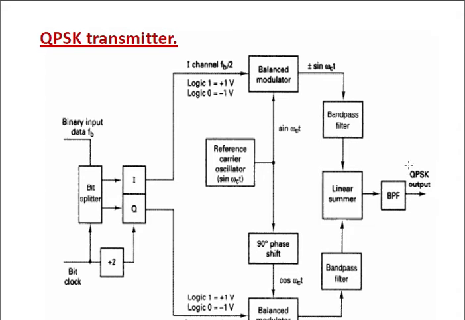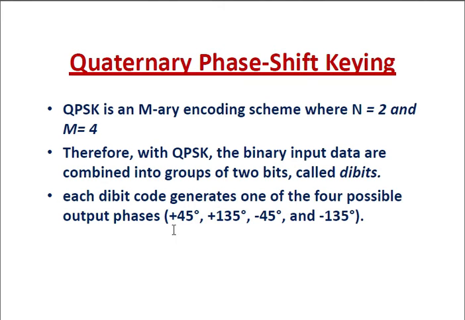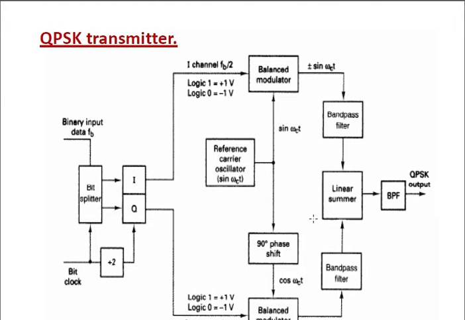In quaternary, or quadrature phase shift keying, the total phase is divided into 4 parts. As per the previous slide, the total phase is plus 45 degree, plus 135 degree, minus 45 degree and minus 135 degree. In this way it is categorized.